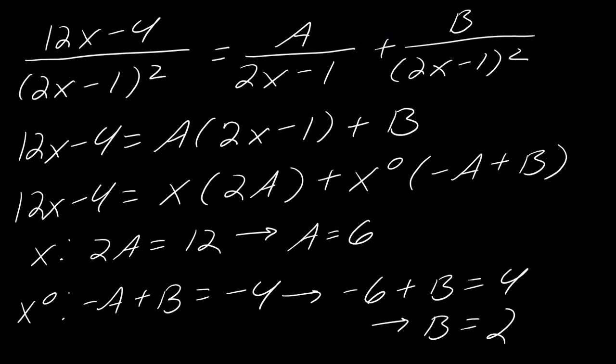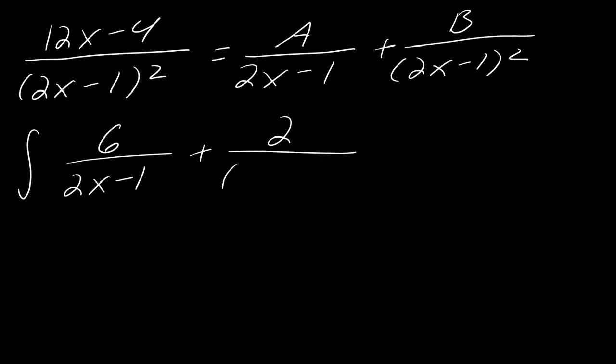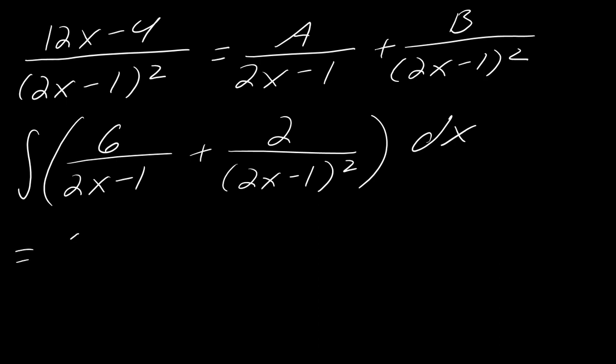I'll clear some space. Now I need to integrate 6 over 2x minus 1 plus 2 over 2x minus 1 squared. You can just use your basic u substitution to figure this part out. So this comes out to 6 times the natural log of 2x minus 1.